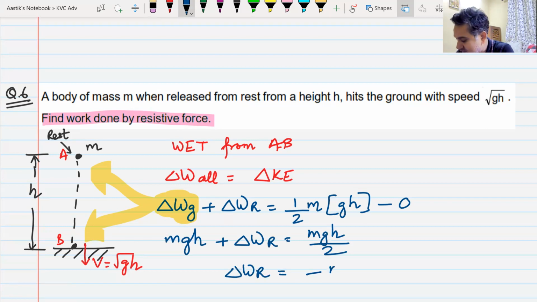It will be minus mgh by 2, and that is the answer that you should have got. Why did you not get it? Tell me what was wrong.